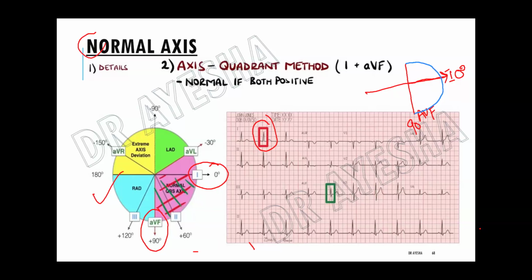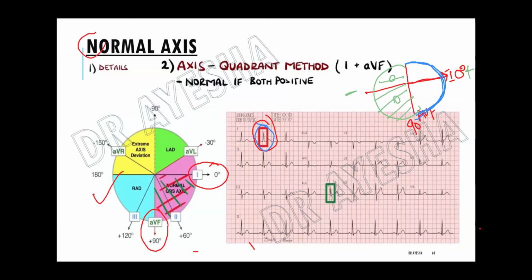So if lead 1 is positive, the current direction would be somewhere in this whole half, in this quadrant. If lead 1 is negative, then the current direction will be in either this quadrant or this quadrant, because this is 0, this is the positive part, and this whole side is the negative.